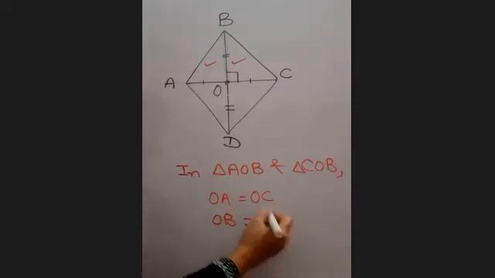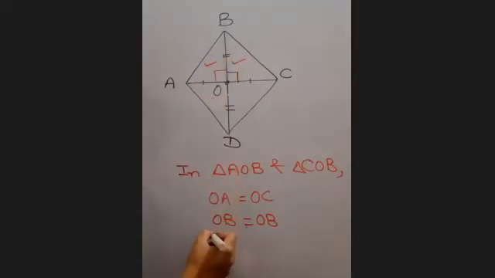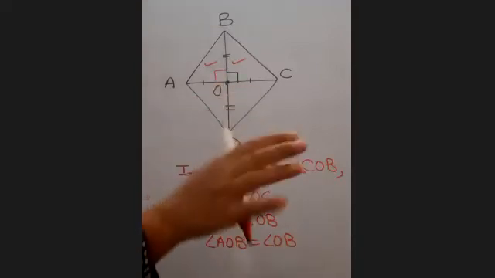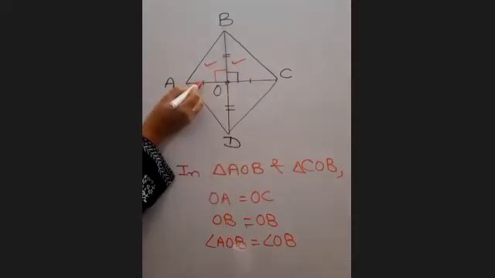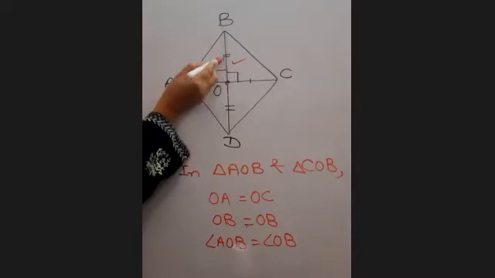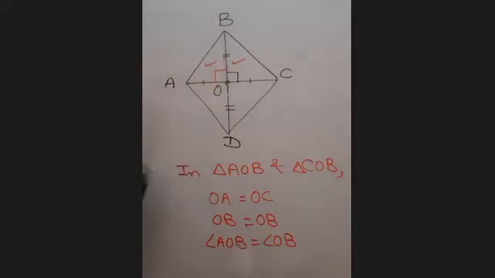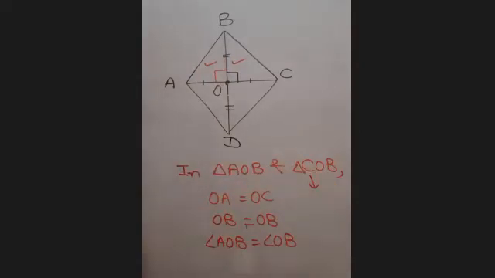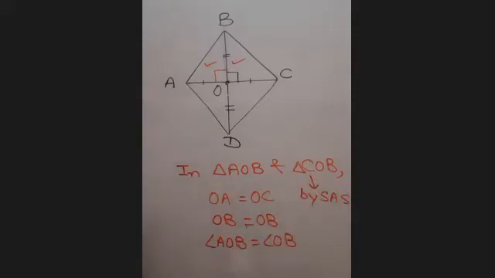Common. And what about angle AOB and angle COB? Each is 90 degrees. We are given that the diagonals are at 90 degrees. So by side, angle, side, are these two triangles congruent? Yes, the two triangles are congruent.